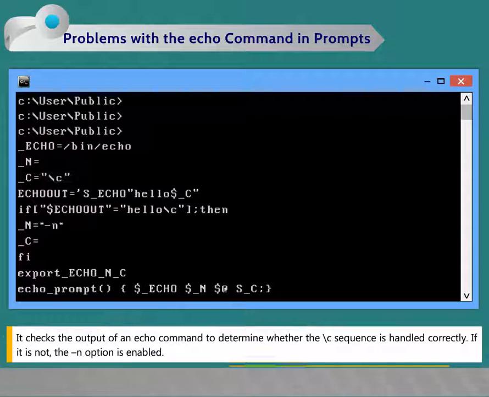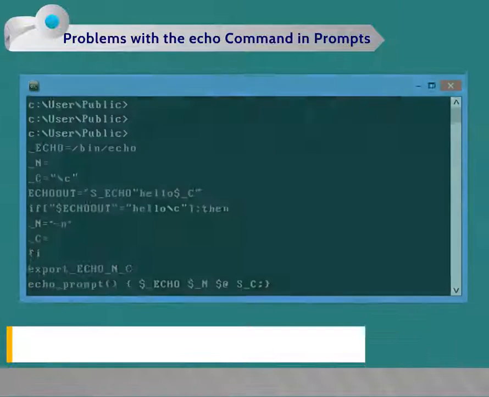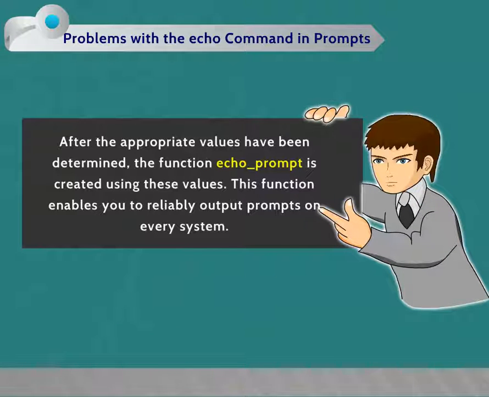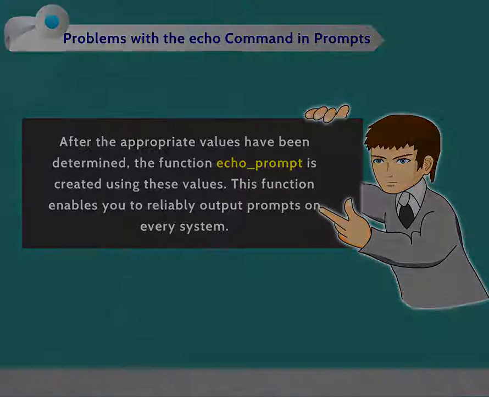It checks the output of an echo command to determine whether the \c sequence is handled correctly. If it is not, the -n option is enabled. After the appropriate values have been determined, the function echoprompt is created using these values. This function enables you to reliably output prompts on every system.